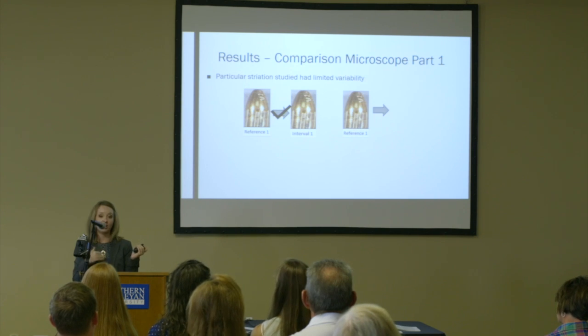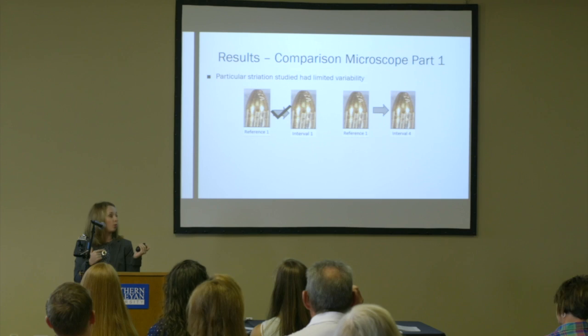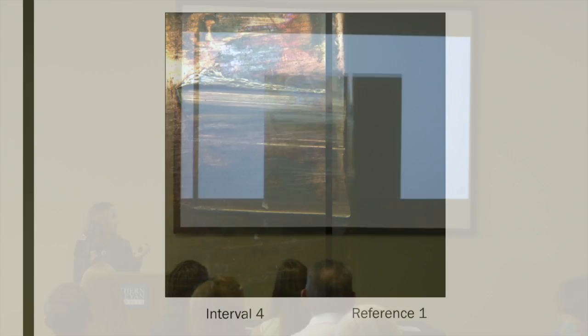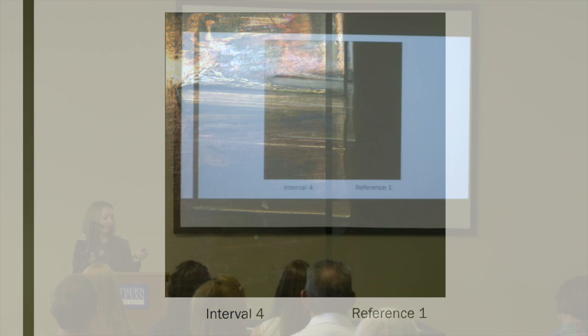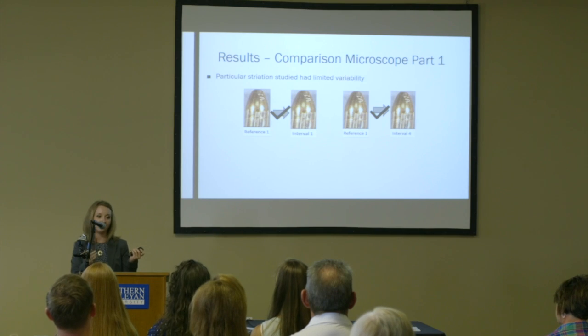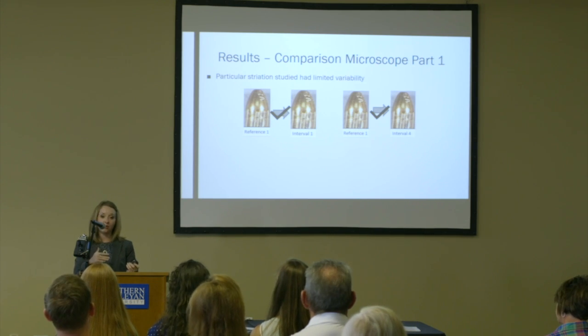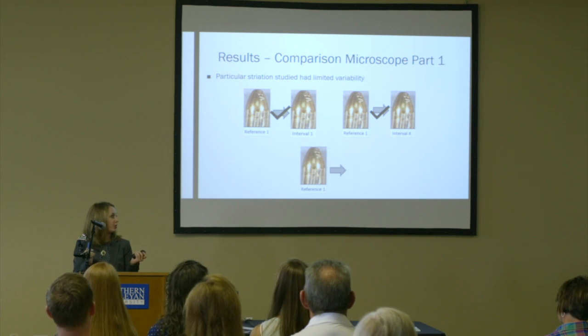Then we went up in bullet interval. We took bullet reference 1 with interval 4, which looks like this. And this striation right here, you can see how it corresponds perfectly. So then those matched. Then we continued to go up in bullet interval through interval 9, and those matched as well.